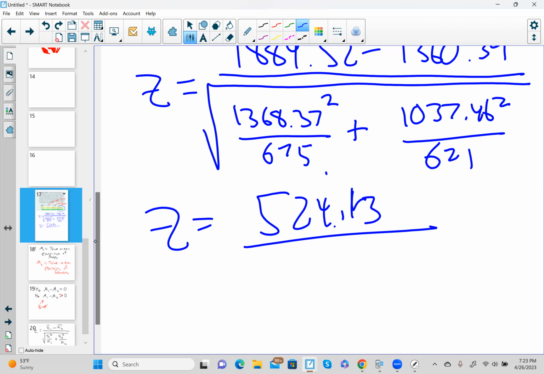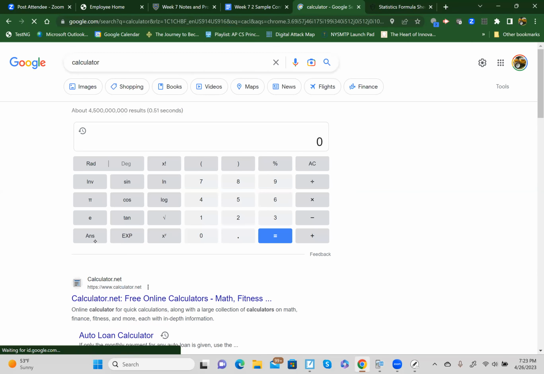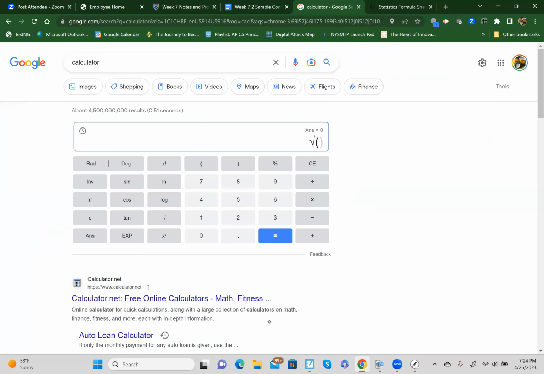A lot of numbers there, but I think we can get it. So here we go in the calculator. I'm going to try and type it all at once. So I'm going to do square root. And the first standard deviation, if we remember, was 1368.37. And I'll press, there's no x squared key, but down here next to 0 is an x to the y key.